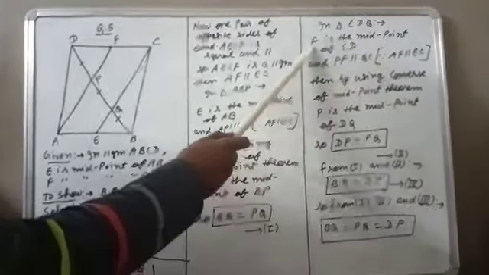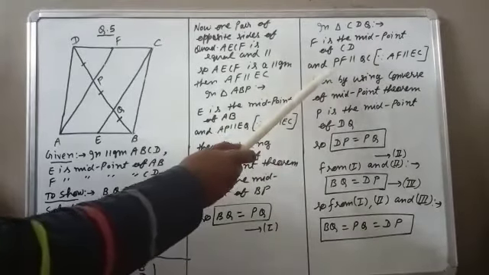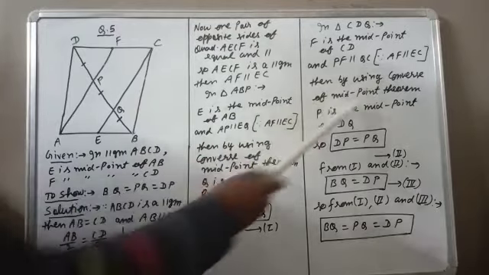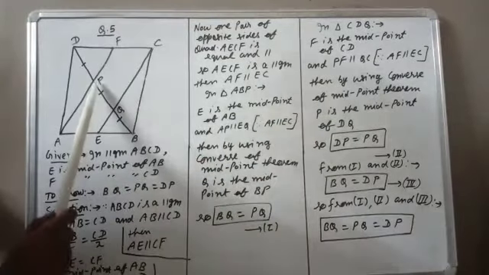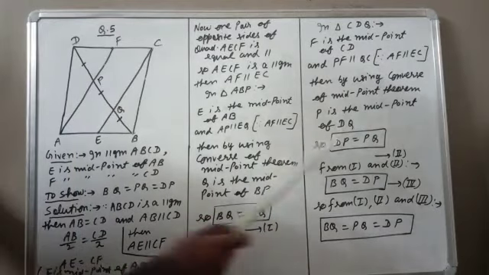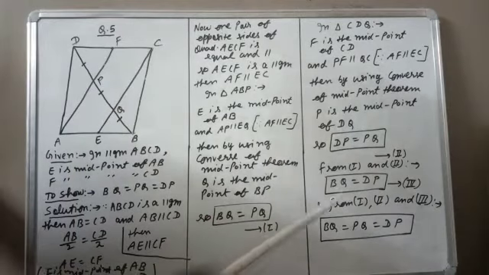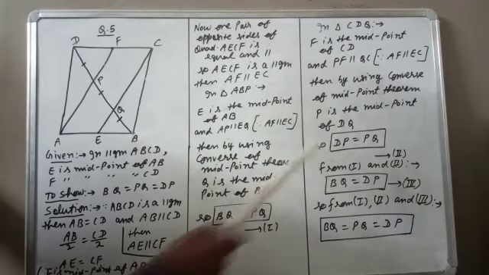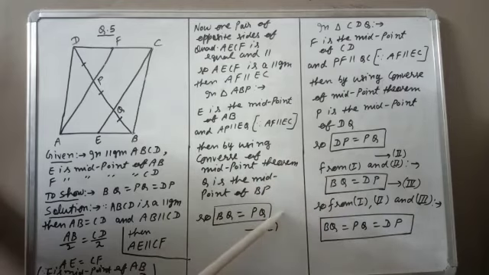So one midpoint, one pair of opposite sides parallel. By the converse of the midpoint theorem, P is the midpoint of DQ. So DP and PQ will be equal. Let this be number first and this be number second. PQ is common, so from first and second, BQ and DP are also equal. So from first, second and third we can say that BQ equals PQ equals DP.